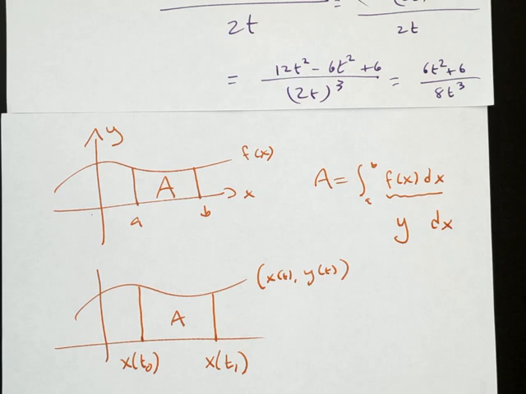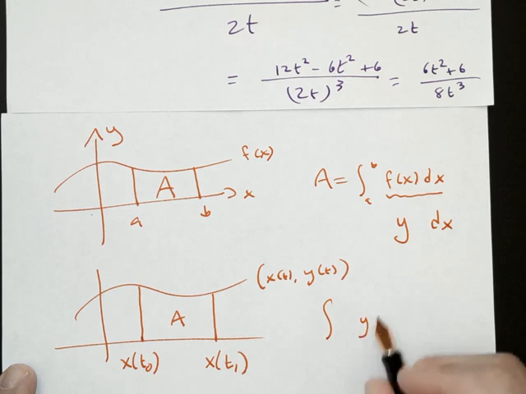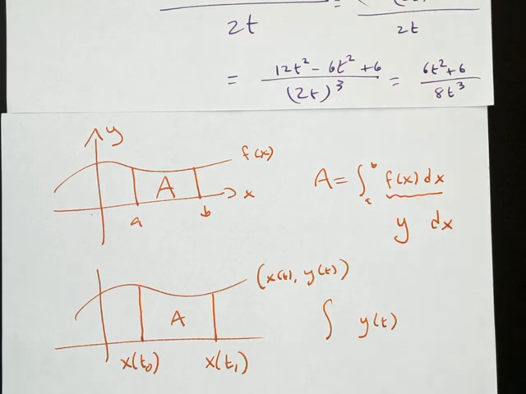So I could think of this as y dx. So down here, let's do that. We'll do the integral of y of t, but then I want dx, like it was a u substitution. Dx dt is the derivative of our x equation, isn't it?